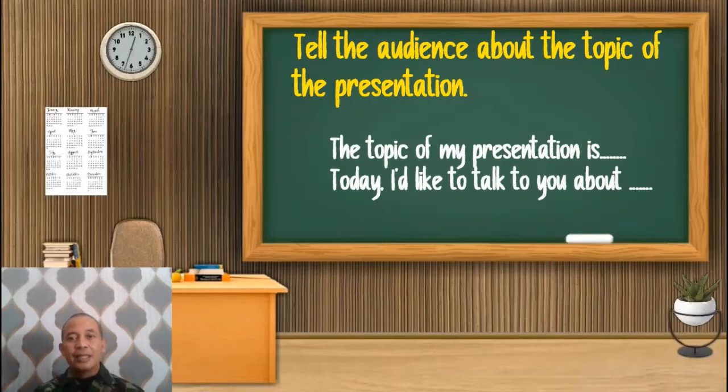These are two examples that I can give to you today. The first is: the topic of my presentation is, and then you mention what topic you have. Everybody, maybe you can read together. The topic of my presentation is, or you can say today I'd like to talk to you about, and then again you mention the subject of your presentation on that occasion.